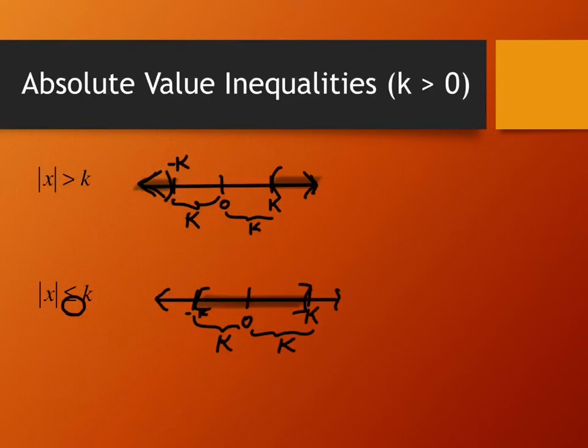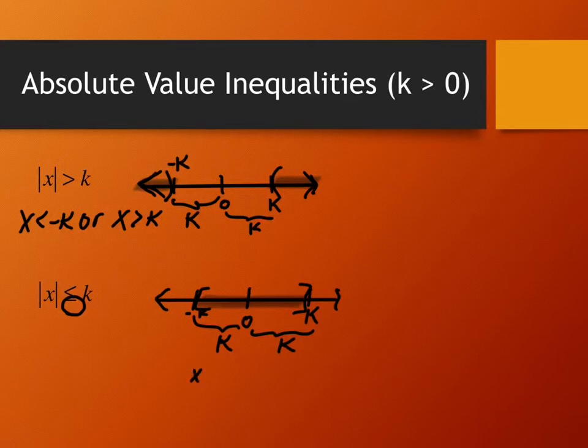This graph is saying that my x value, which I'll write over here, needs to be less than negative k or greater than k. It's an or statement. The one on the bottom says that my value needs to be between the two. It's an and statement.